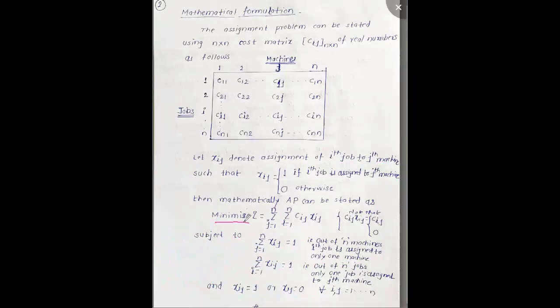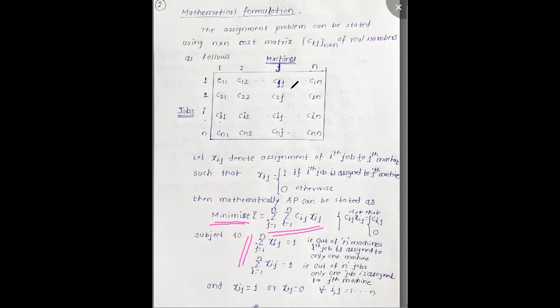So minimize the total cost of performing all the n jobs on n machines subject to this condition, that is, out of n jobs, only one job is assigned to the jth machine, and out of n machines, only one machine is assigned to the one job.